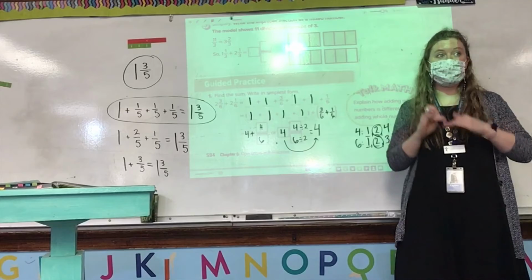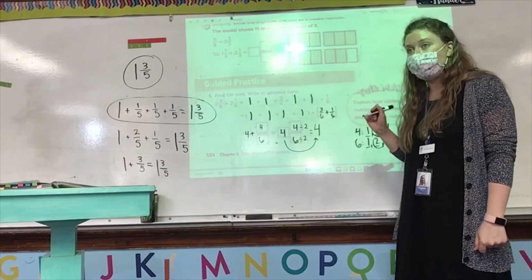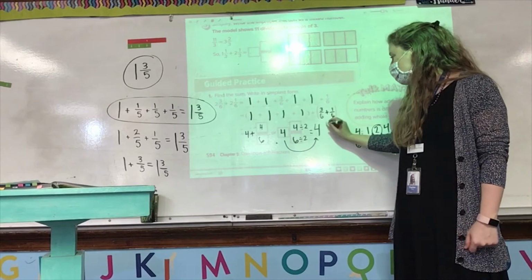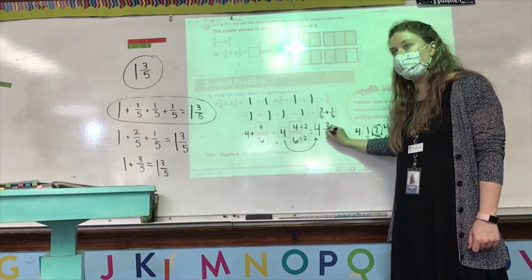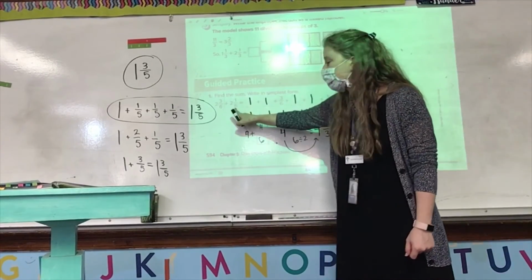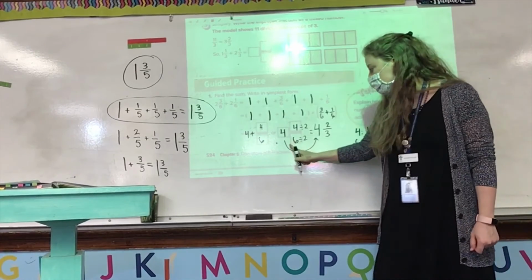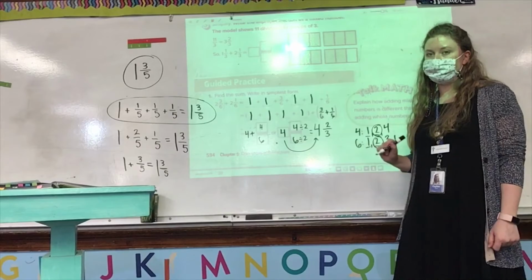Our whole number is not changing, just the fraction. Now we can simplify our fraction. 4 divided by 2, Mason? 2. 6 divided by 2. 3. So that means 2 and 3/6 plus 2 and 1/6 equals 4 and 2/3.